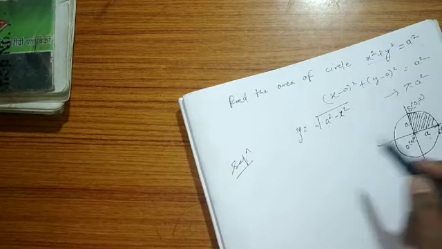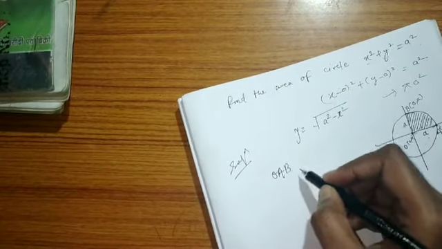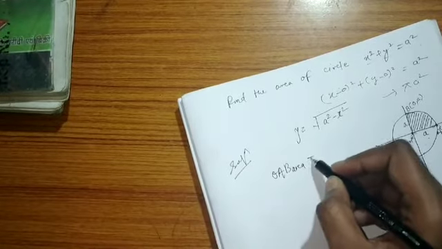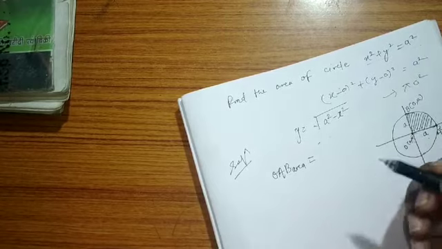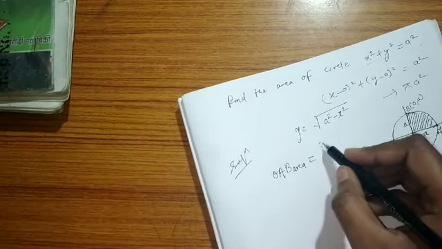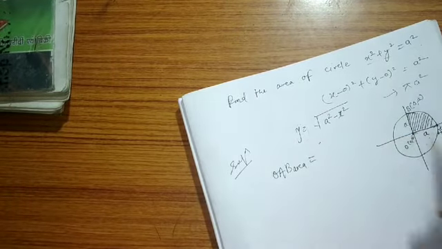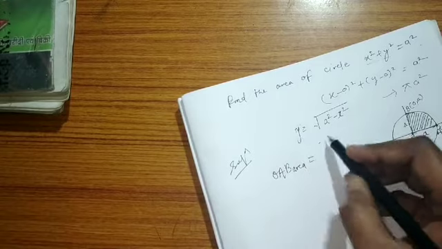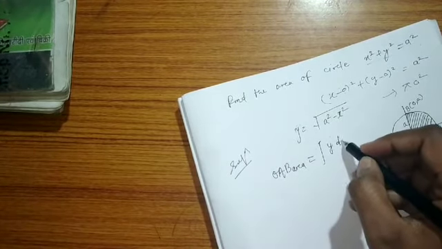Now the area of OAB is equal to the integration. Because we are finding the area with the help of integration, we have to integrate y, which comes from the given equation, with respect to x.